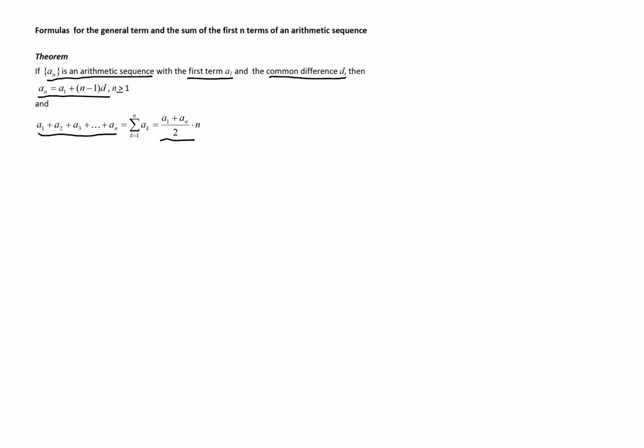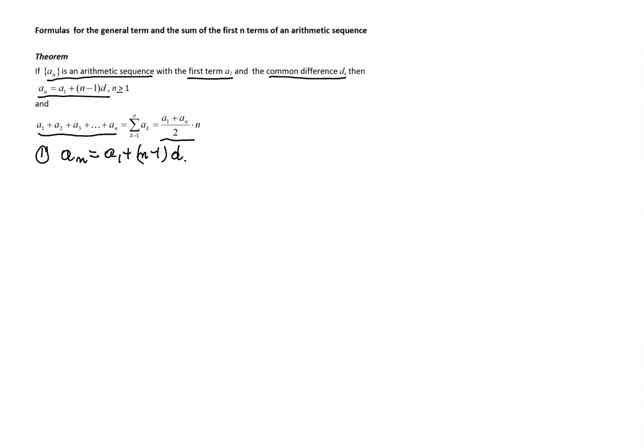To justify the first part of that theorem, namely the formula that a sub n is a sub 1 plus n minus 1 times d, we'll simply use the definition of an arithmetic sequence.